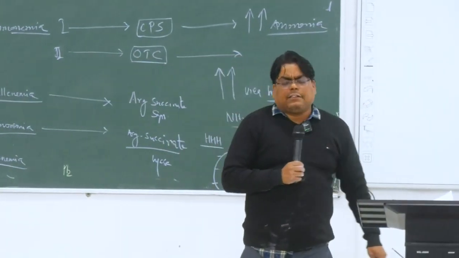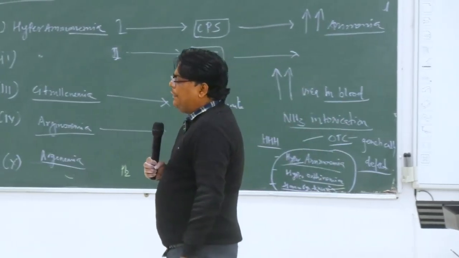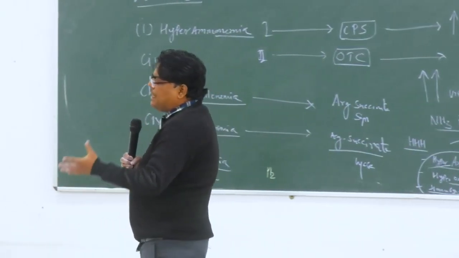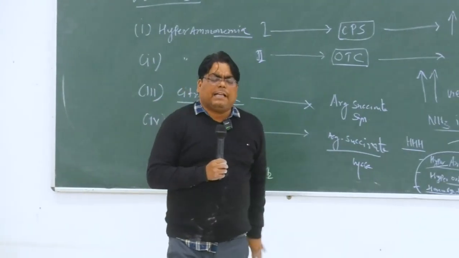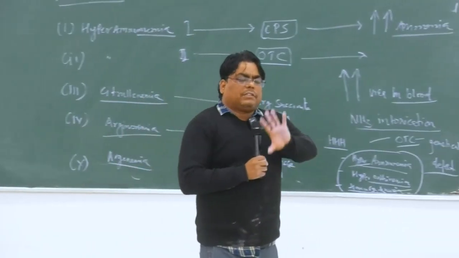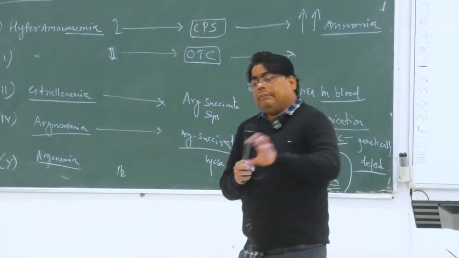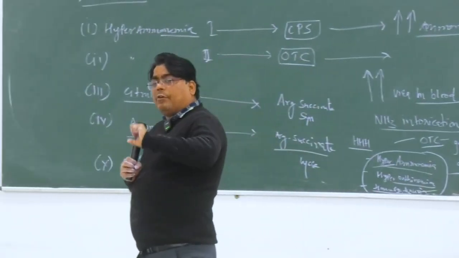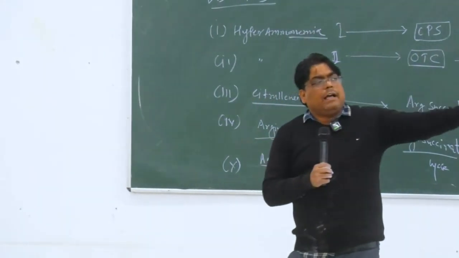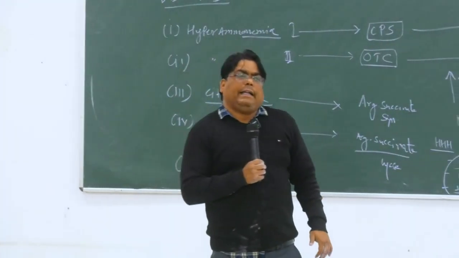Argininosuccinate, and this argininosuccinate is again converted into arginine, and this arginine, in the presence of the enzyme arginase, combined with H2O, produces urea, and this urea is excreted out of the body by the kidney.